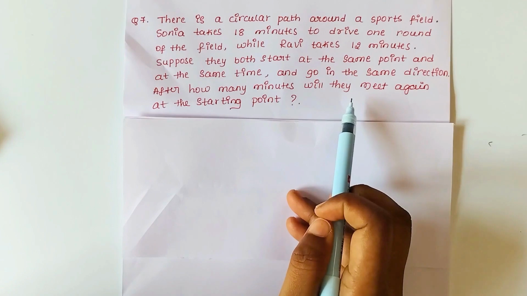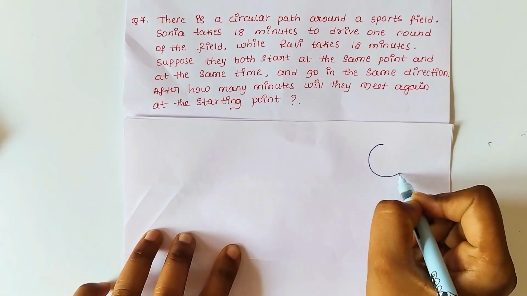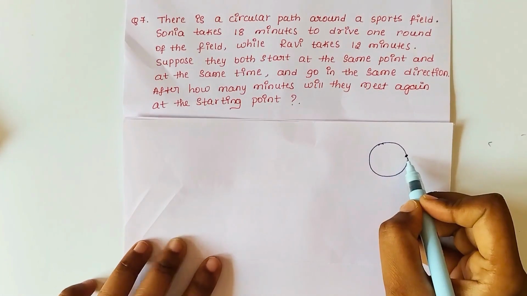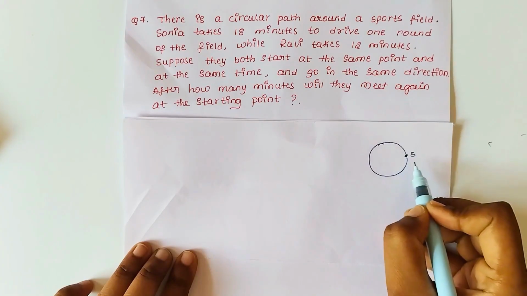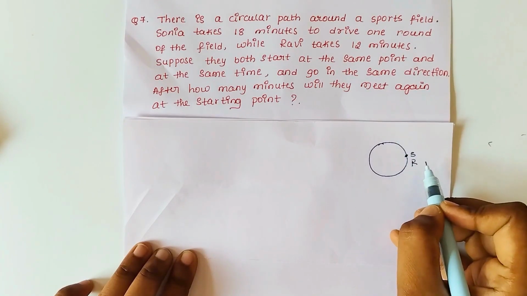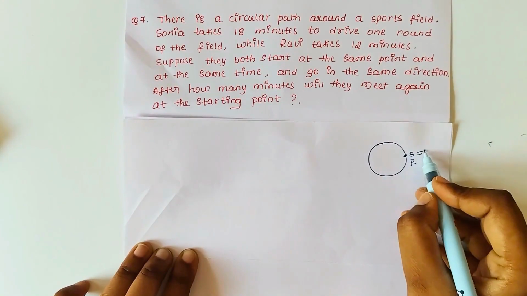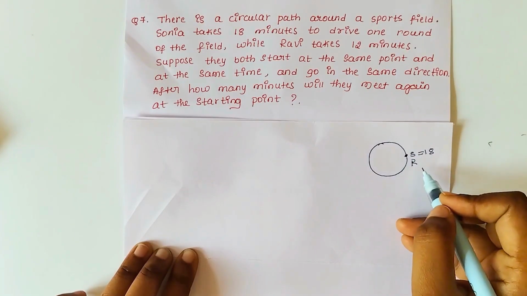To tackle this one, see, imagine a circular field. Sonia and Ravi are standing at the starting point here. Sonia is a bit slower. She takes 18 minutes to come back here, whereas Ravi is faster.